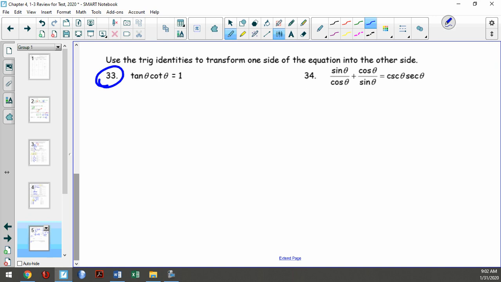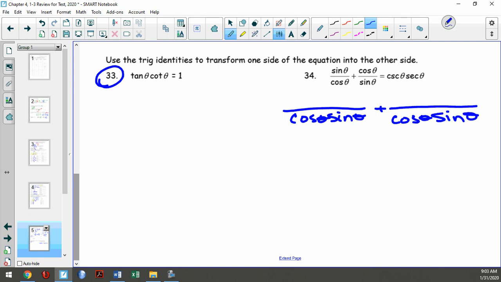Let's focus on 34. Okay, 34. I have 2 fractions that I'm adding together. When you add 2 fractions together, what must you do? I need a common denominator. What is my common denominator between cosine and sine? When in doubt, slap them together by multiplication. So I need each of these to have this denominator. Yes? So what did I multiply cosine by to obtain the new denominator cosine sine?